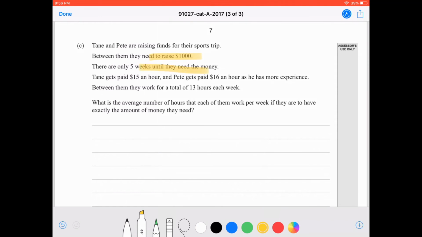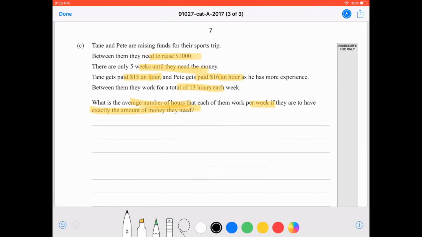Tane gets paid $15 an hour, and Pete gets paid $16 an hour. Okay, between them they work a total of 13 hours each week. What is the average number of hours each of them need to work per week if they are to have exactly the amount of money they need?